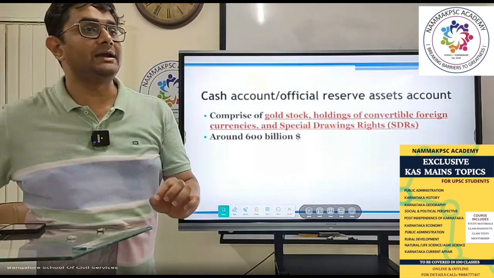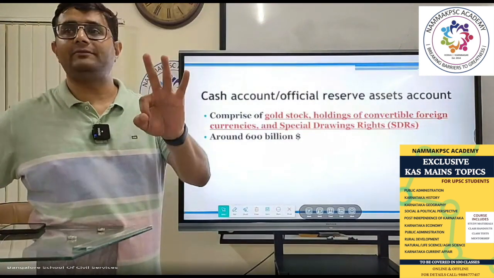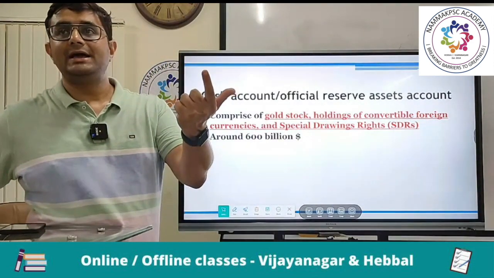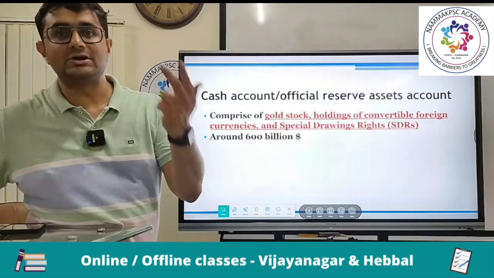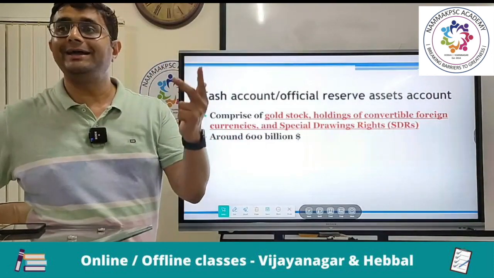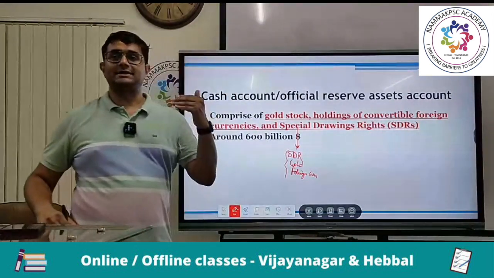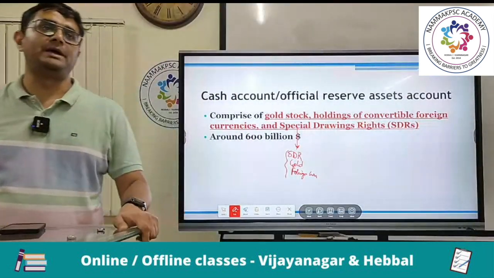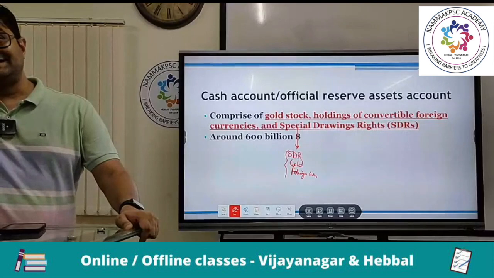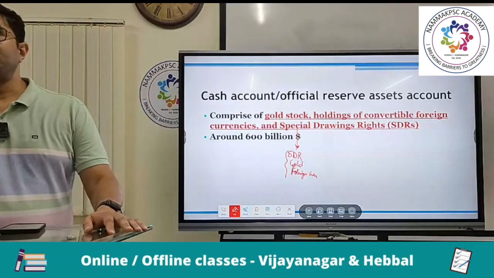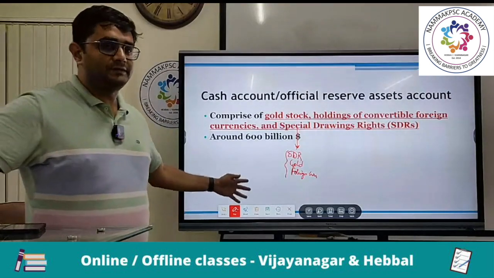And RBI maintains this forex reserve in 3 forms: gold, foreign currency, and another international currency called special drawing rights, SDR. So when there is a surplus in our balance of payment, that surplus is transferred to this reserve. When there is a shortage, we'll have to use from this reserve.